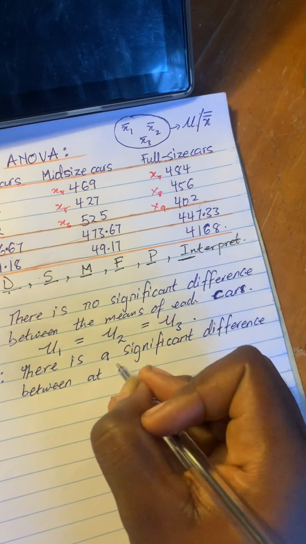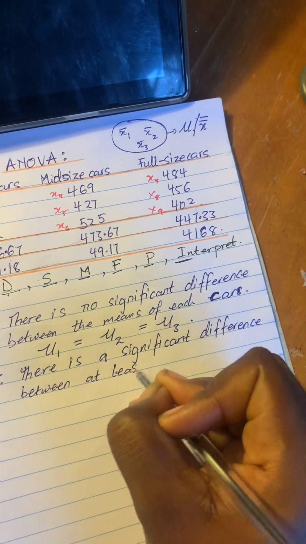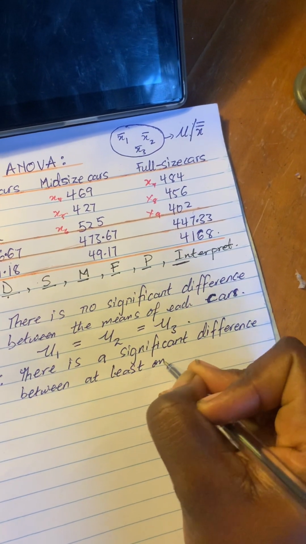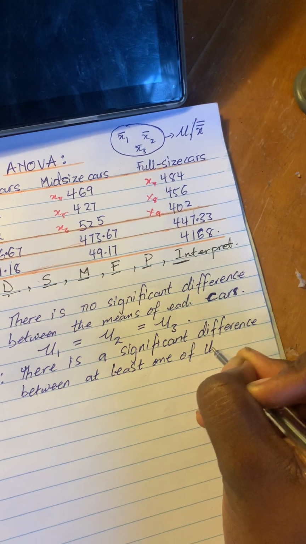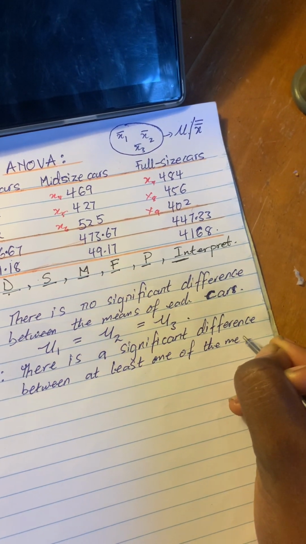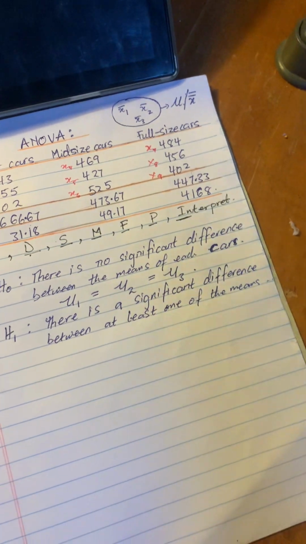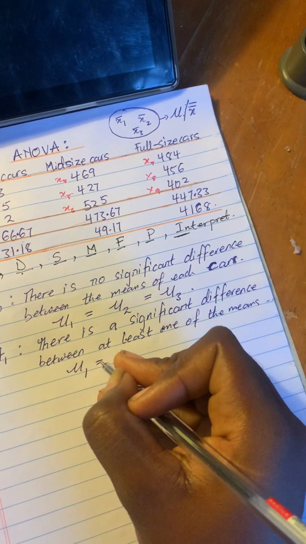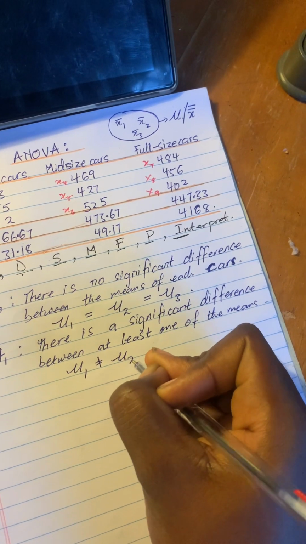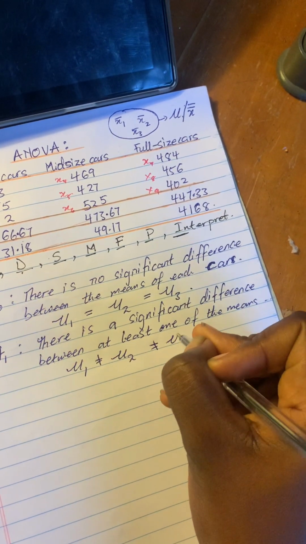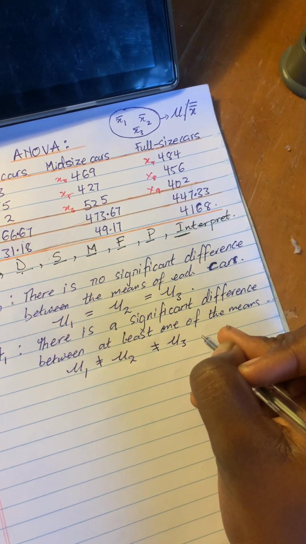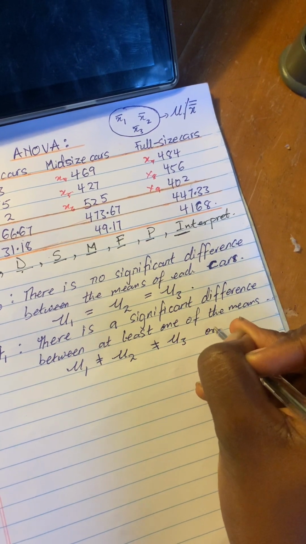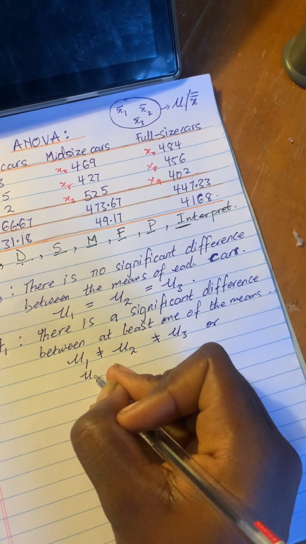Because it's likely we'll have 3 different possible outcomes for the alternative hypothesis. So with the alternative hypothesis, there is a significant difference between at least one of the means of the groups. Statistically, we can say that population mean 1 is not the same as population mean 2, and it's not the same as population mean 3.